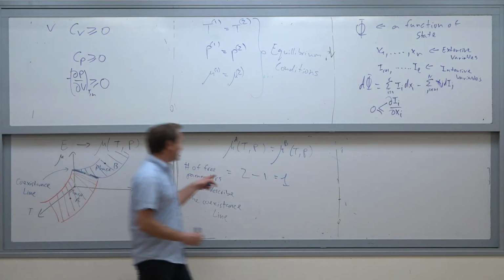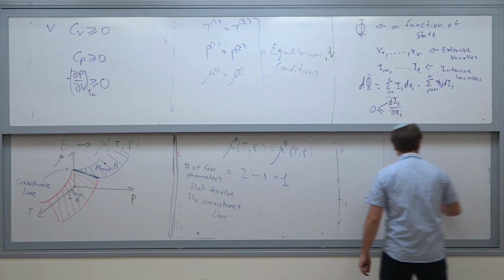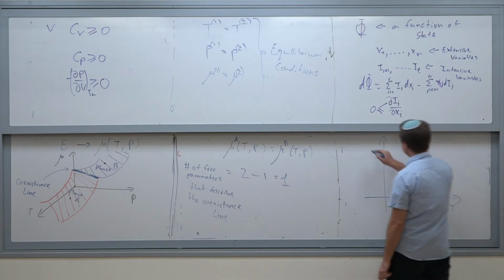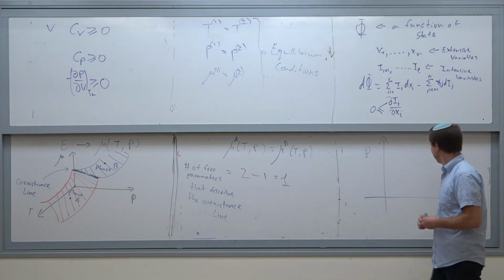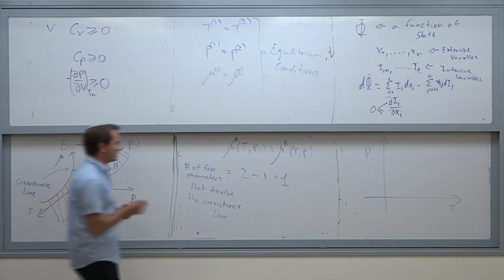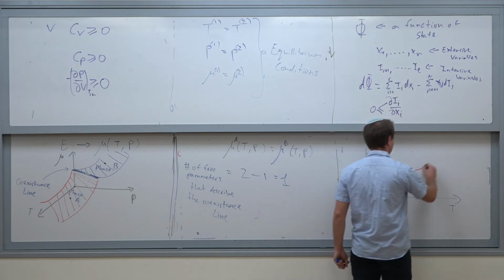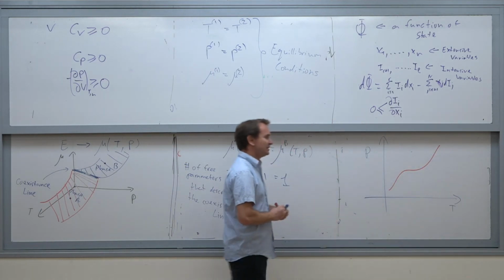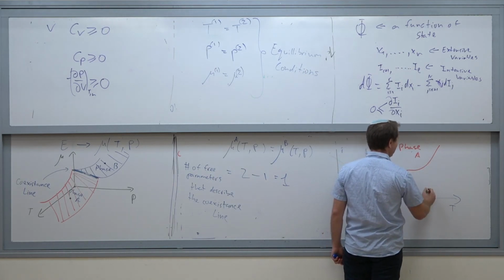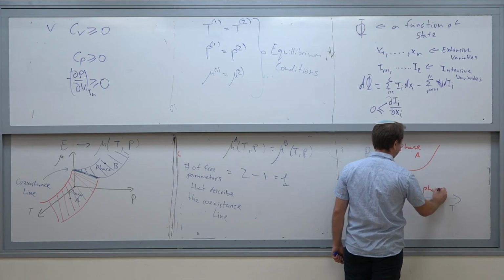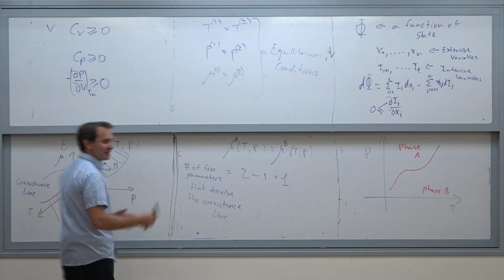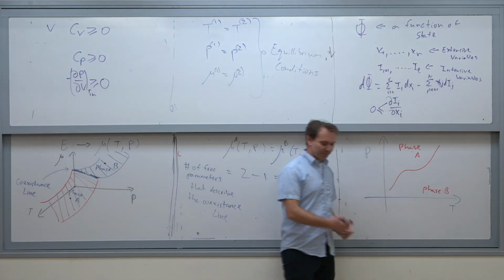Okay, so if this is a one-dimensional line, if we plot T and P, we know that there is a line that separates phase A from phase B. And as you said, a line is simply one-dimensional.